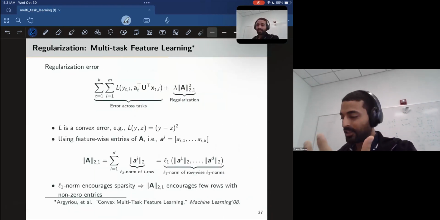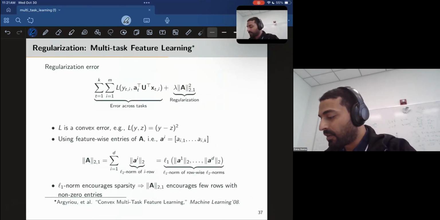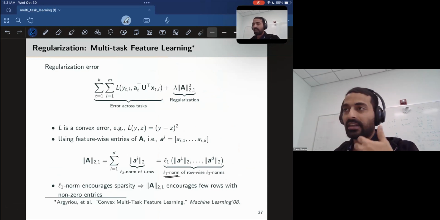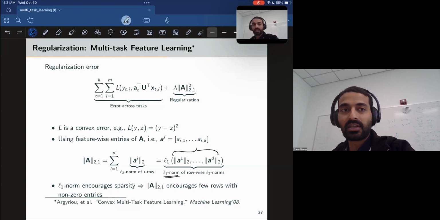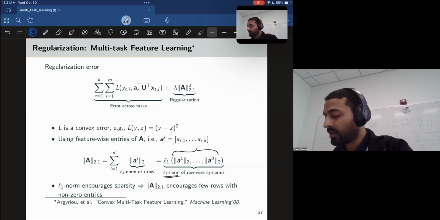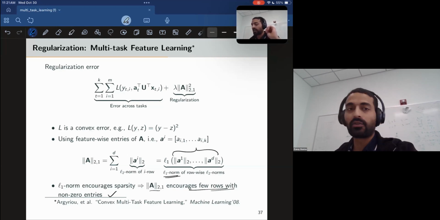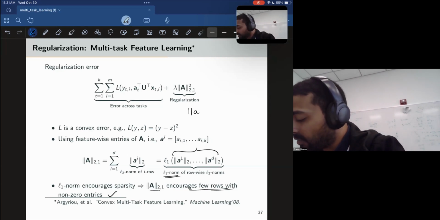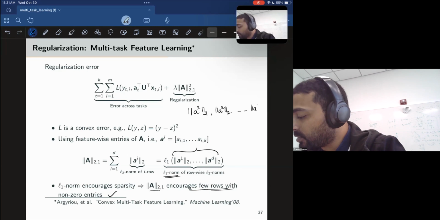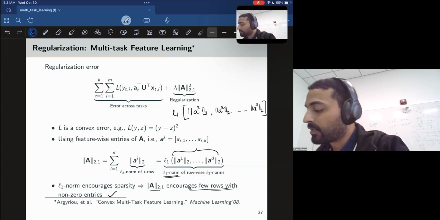And again, sparsity is back. Because we have an L1 norm, it encourages sparsity of this huge d-dimensional vector of L2 norms. Therefore, this norm encourages that only a few rows will have non-zero entries. We have a vector with several L2 norms, and we are taking its L1 norm, right?